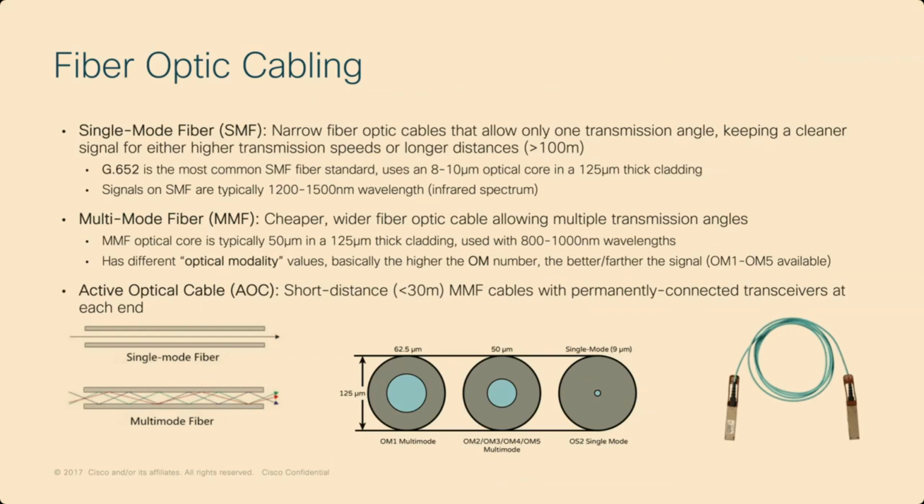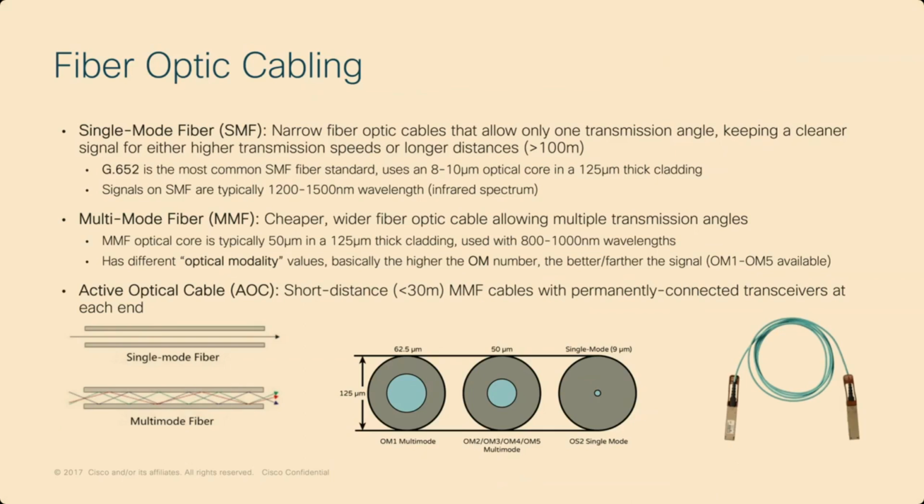And what happens is when you shine the light into it, it will actually bounce off the walls, and it can do so at varying angles that are referred to as optical modalities. So depending on the number of optical modalities that are present in the cable, your signal can have some interference. And so we don't certify these cables for as far a distance as we do for single mode fiber.